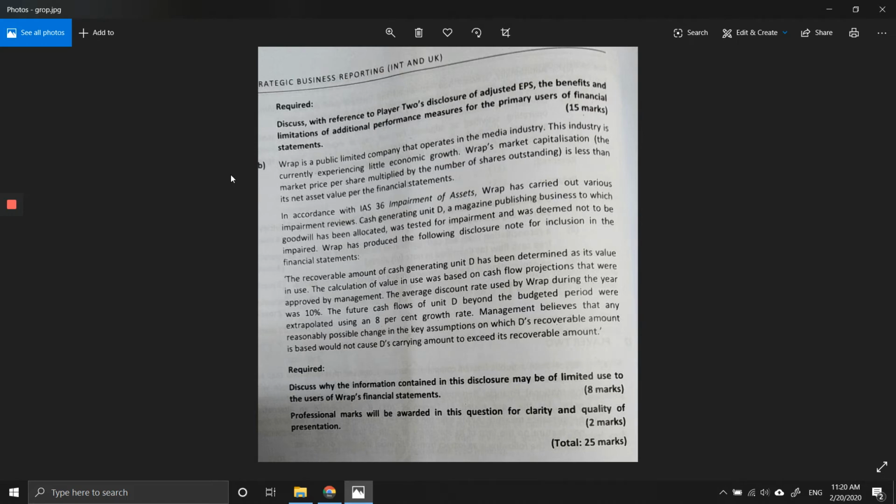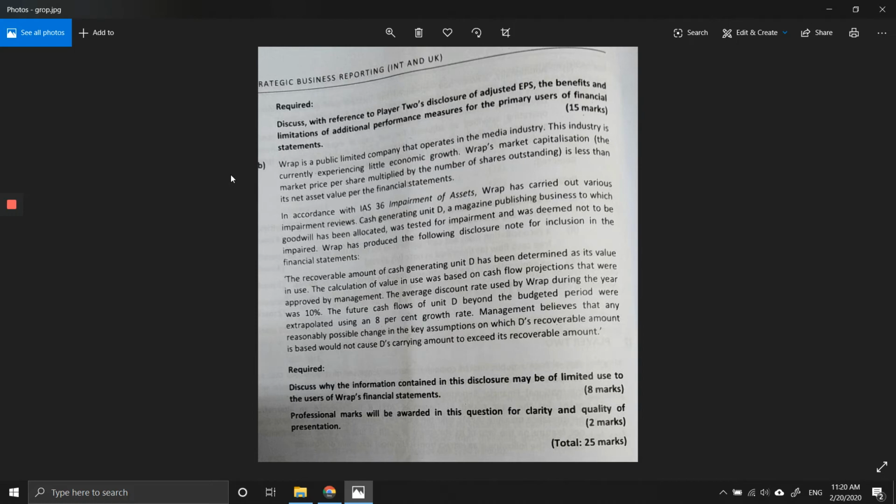Future cash flows of unit D beyond the budgeted period were extrapolated using an 8% growth rate. Beyond the budgeted period, right? How long was the budgeted period? It does not say anything about that. When we are making projections beyond the budgeted period, we assume zero growth or a constant rate.